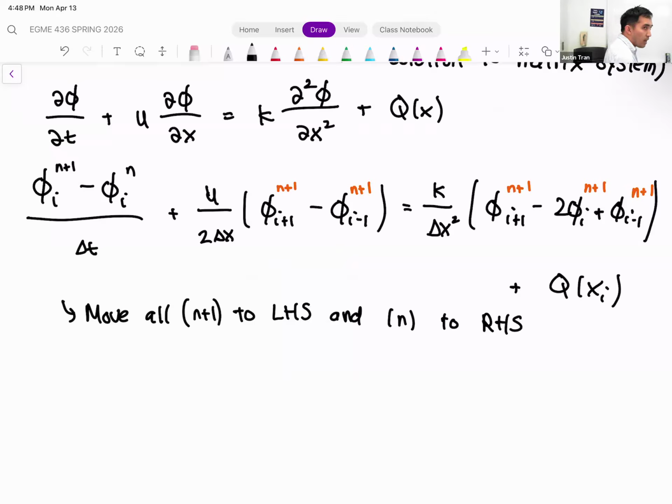So we're going to end up with the opposite situation we had before, where our left-hand side is much heavier, and our right-hand side has very few terms associated with it. I'm going to do one more step here, just combine things to make it space efficient. I'm going to multiply everything by delta t.